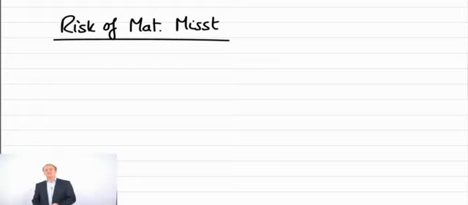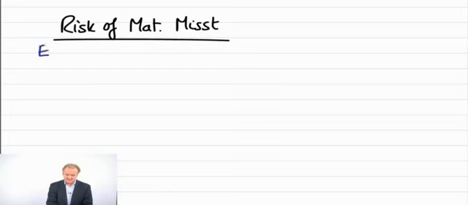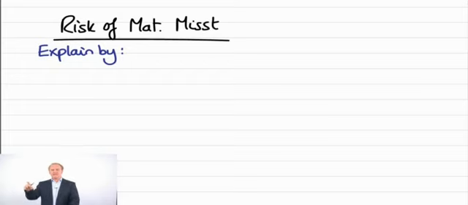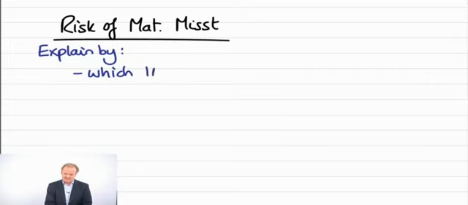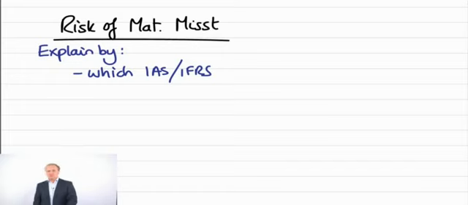Well, the risk of material misstatement is, as its name suggests, the danger that the accounts are materially wrong. So whenever you are explaining one of these, you need to be talking about the accounts, the financial statements. So you need to say, which accounting standard do you think is relevant?